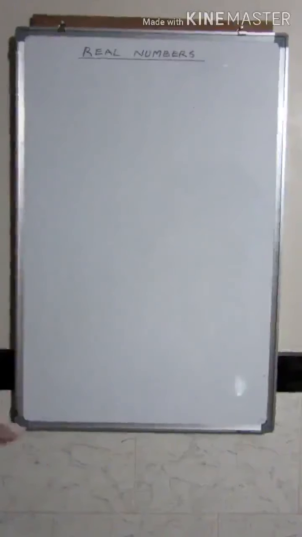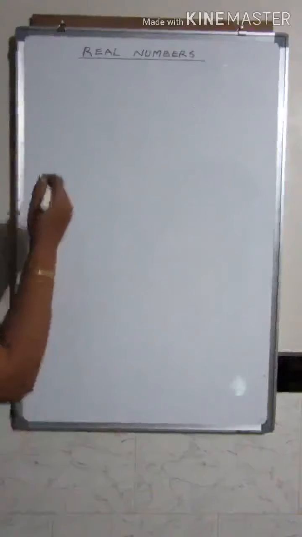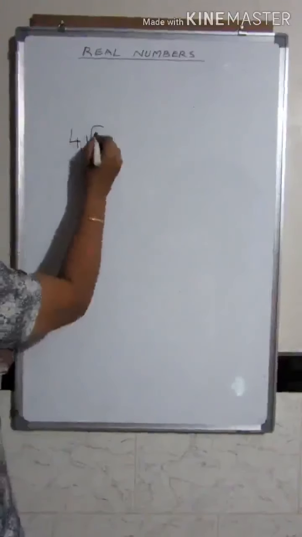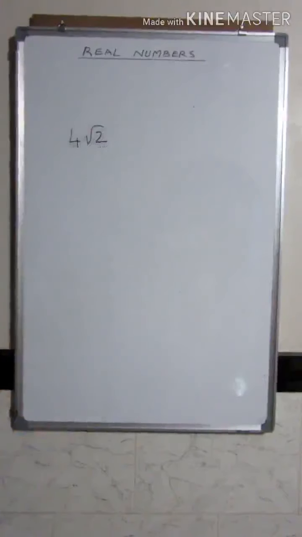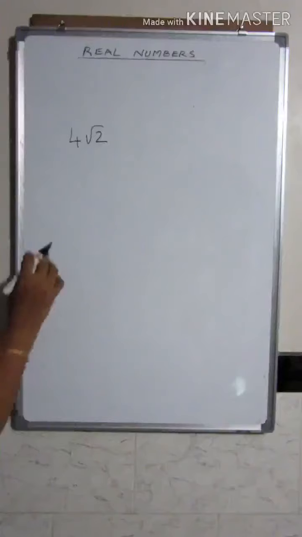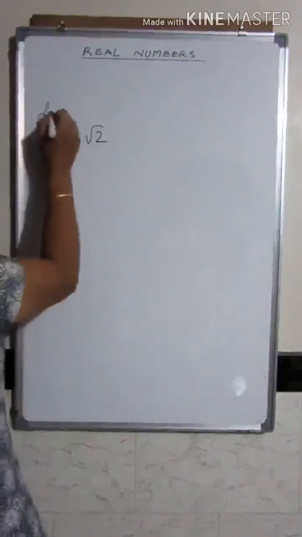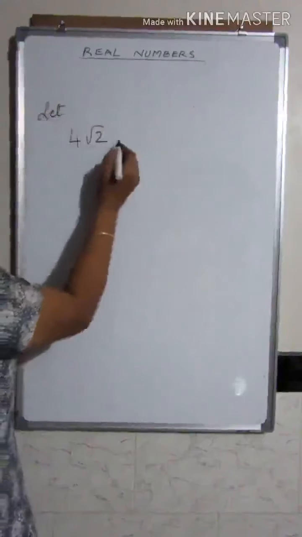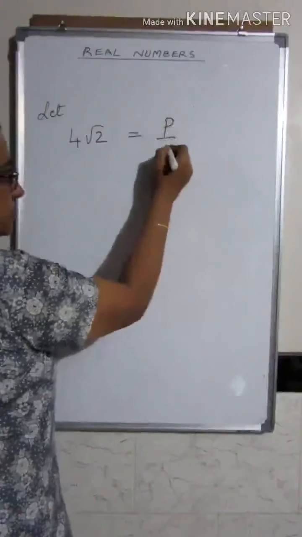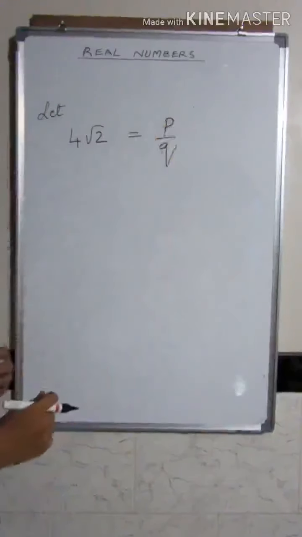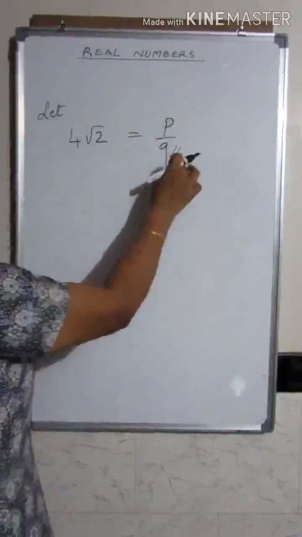So in practice set 2.2, the first problem is to show that 4 root 2 is an irrational number. To prove it, let us assume that 4 root 2 is a rational number in the form P upon Q.